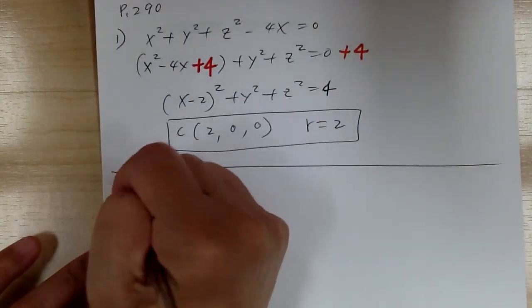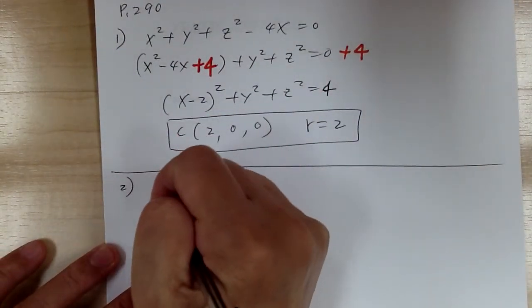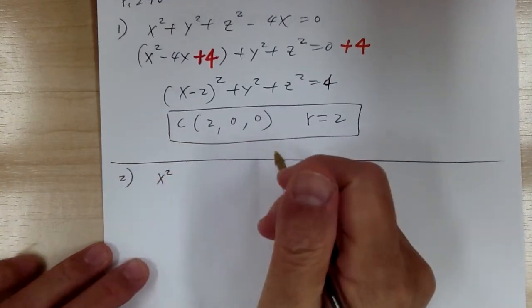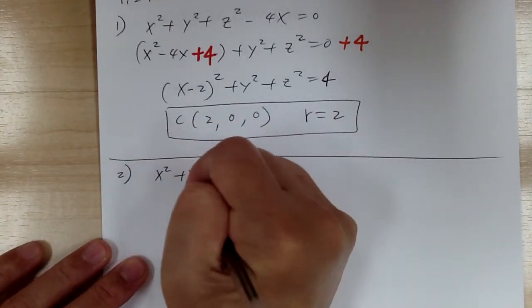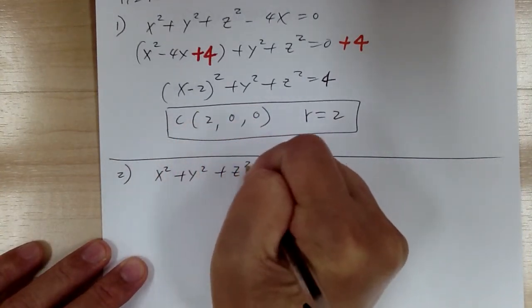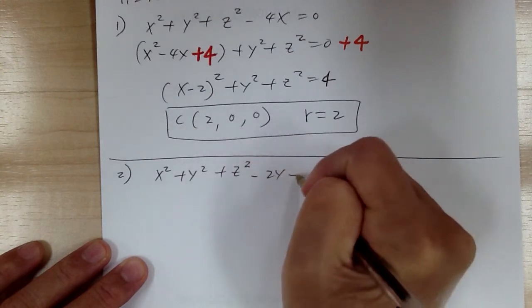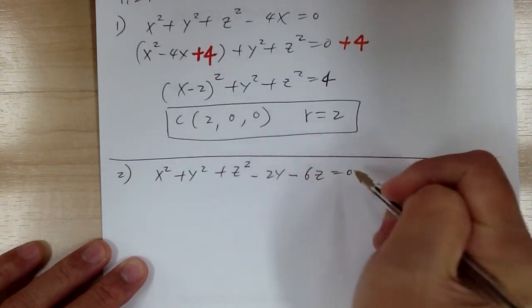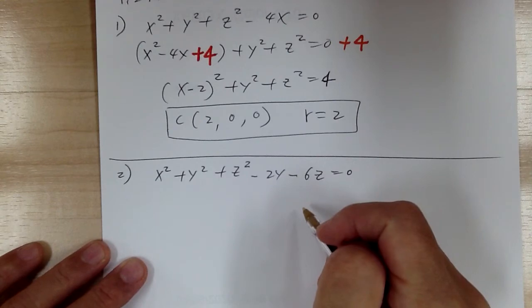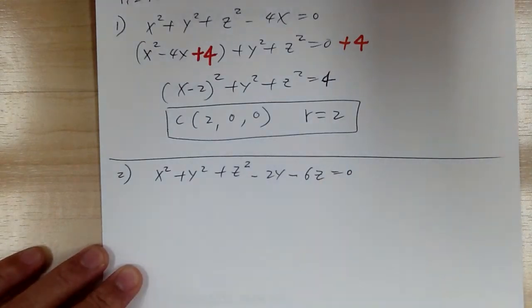Okay, let's go to number 2. You have x squared plus y squared plus z squared minus 2y minus 6z equal to 0. So you can group your variables.